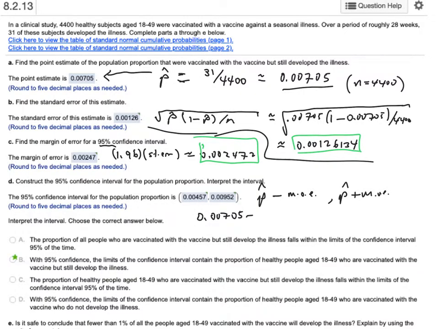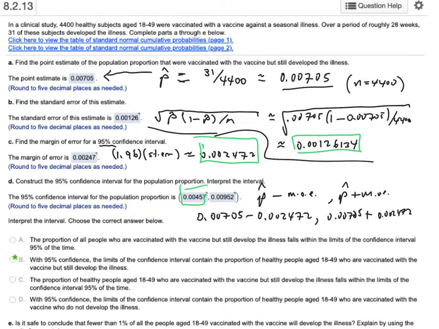That was the answer from part A, minus margin of error is subtracting 0.002472. So that's the lower number for the confidence interval, and the upper number will be p hat 0.00705 plus margin of error 0.002472.